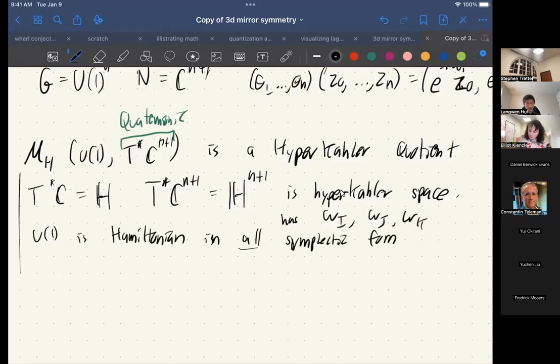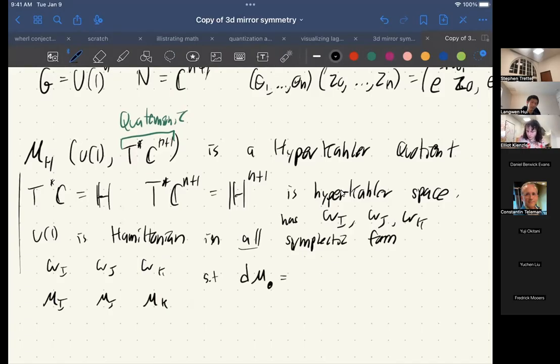When a U1 action is Hamiltonian, it means it's generated by a Hamiltonian function. But because the symplectic forms are different, the Hamiltonian functions are different. So on omega I, omega J, and omega K, we have three different functions, mu I, mu J, and mu K, such that we have Hamilton's equations.